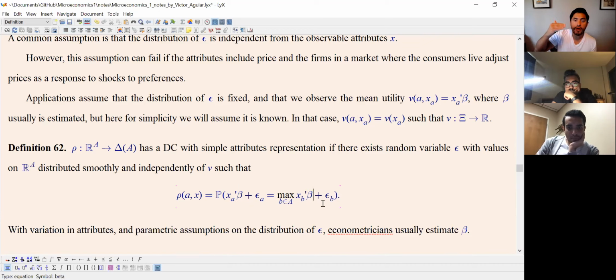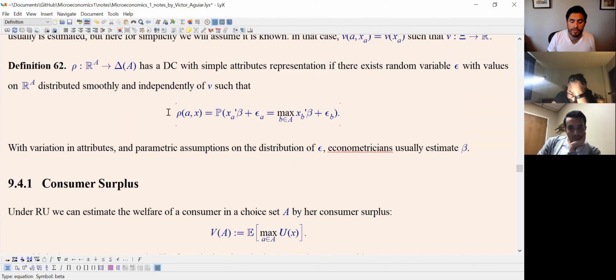So this is the one that maximizes utility. This is the usual discrete choice model that you see in the class, for instance Nail's class. Everyone understands what's going on. It's as before, but with the additional assumption that you know the mean utility, and beta is fixed now.